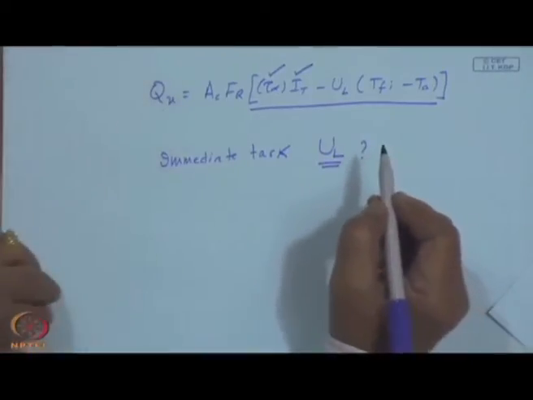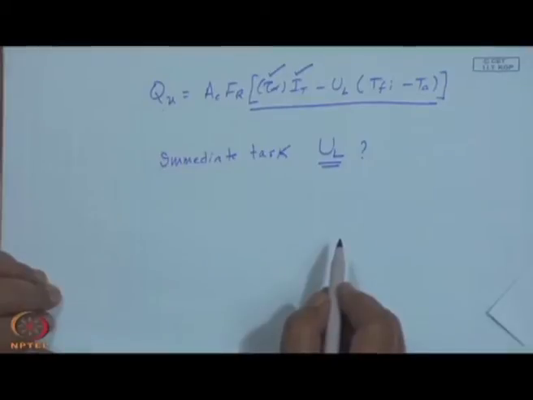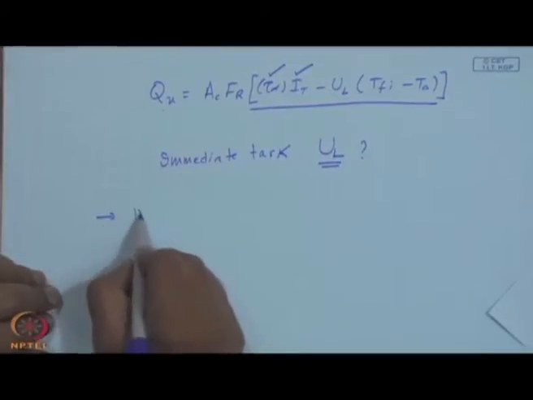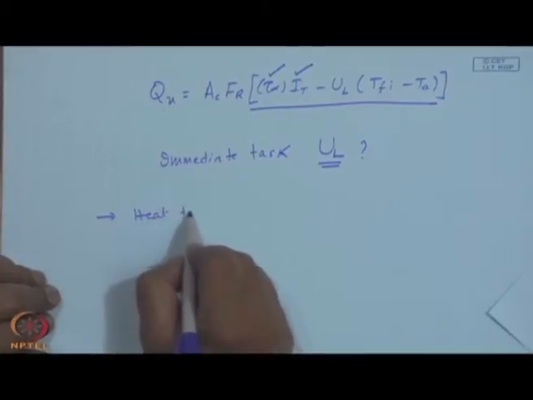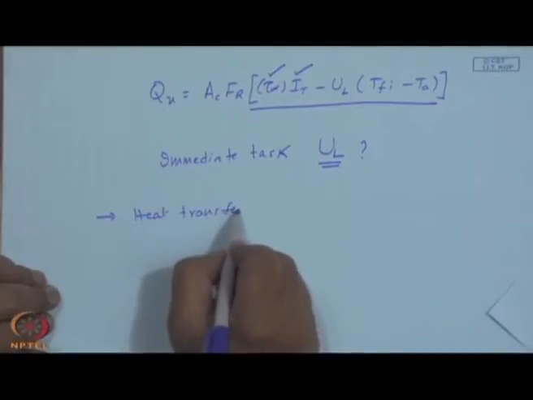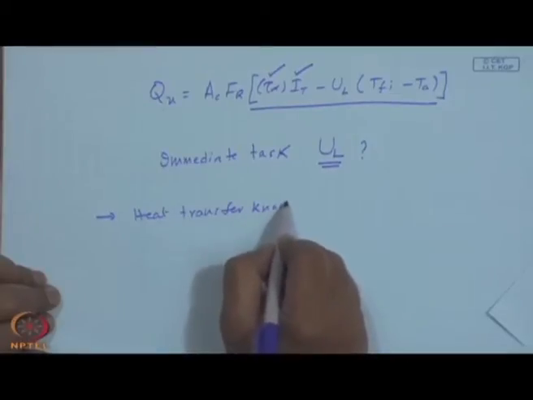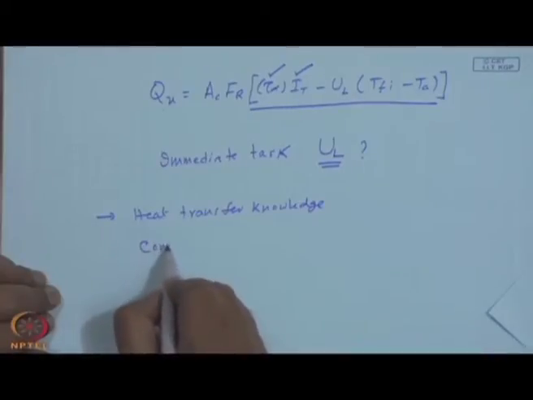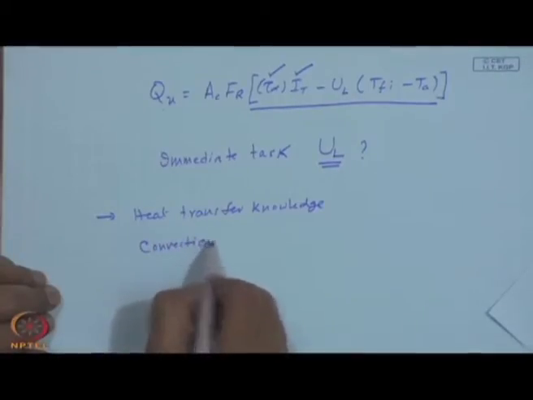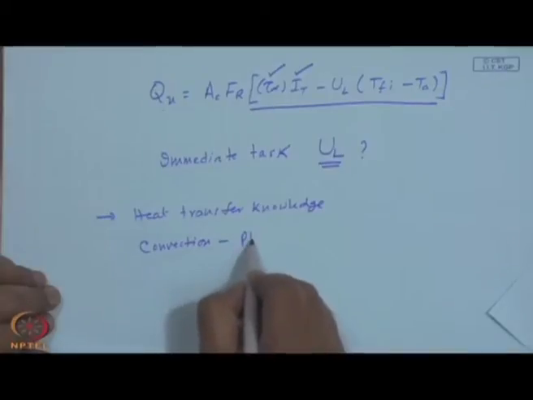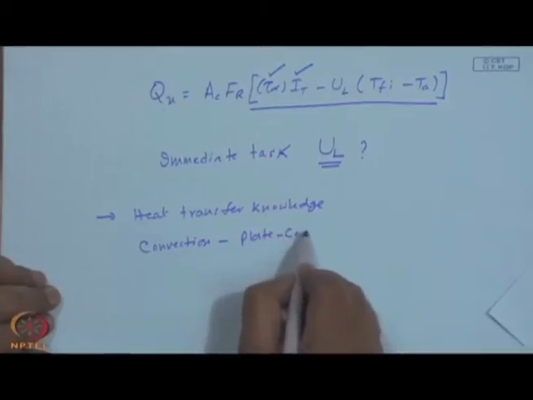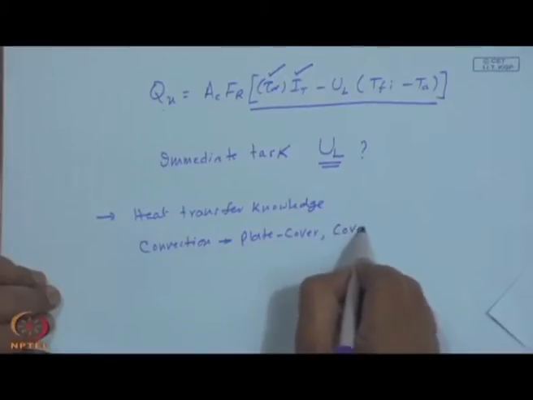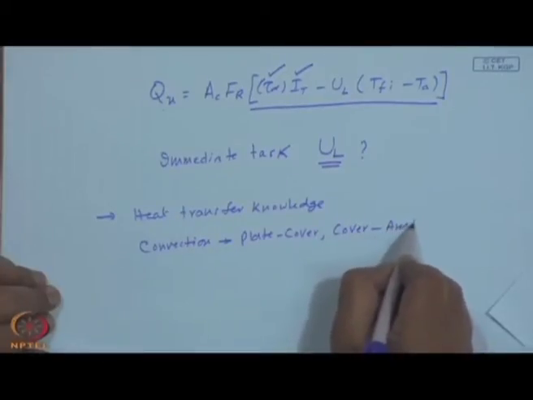how do we find out the overall loss coefficient U L. Of course, this may depend upon heat transfer knowledge, convection between plate to cover, and then maybe cover to the ambient.